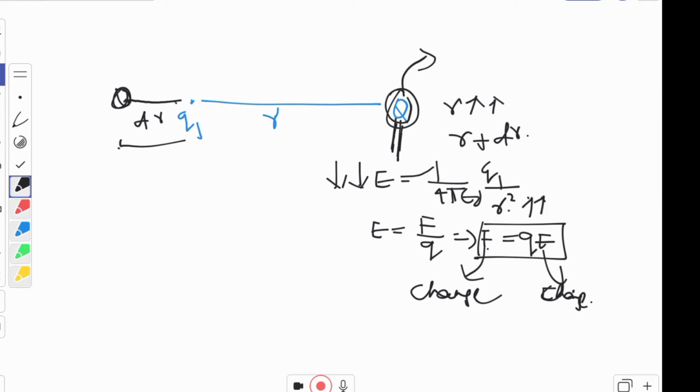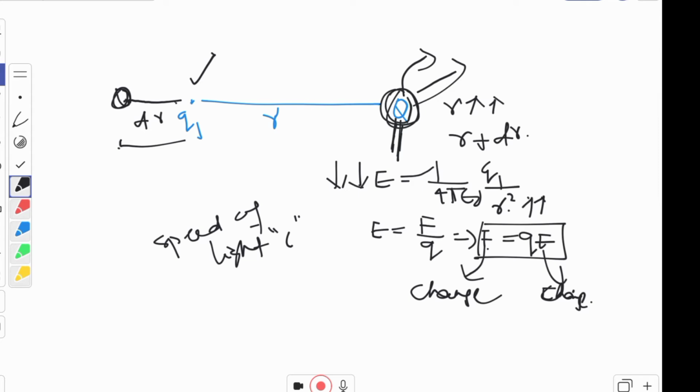We know signal or information can go from one point to another with the speed of light, c. So the effect of any motion of this Q1 will not be immediately experienced by this Q. It cannot arise instantaneously because it will take some time.